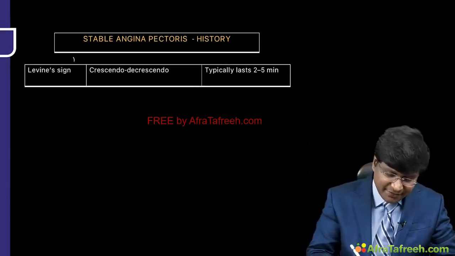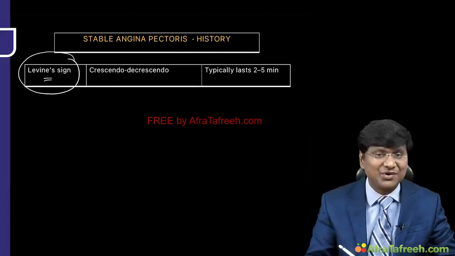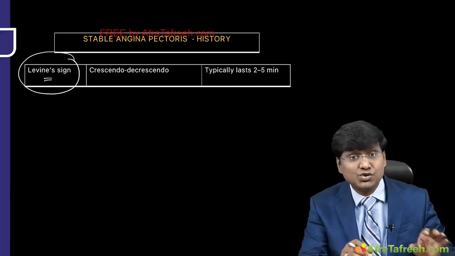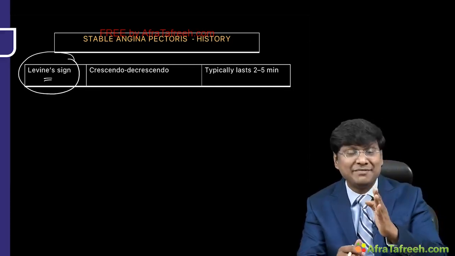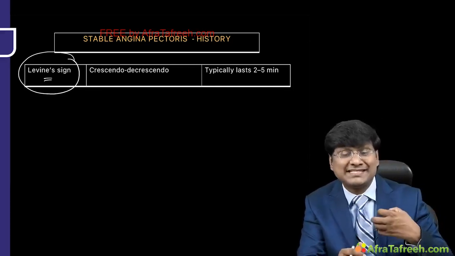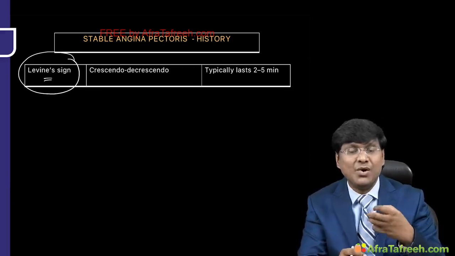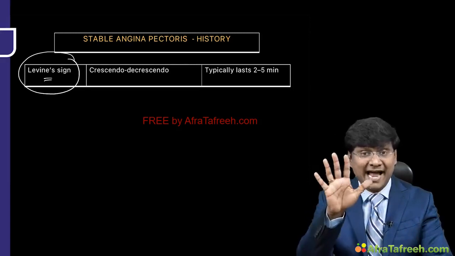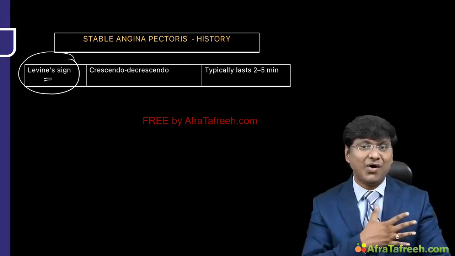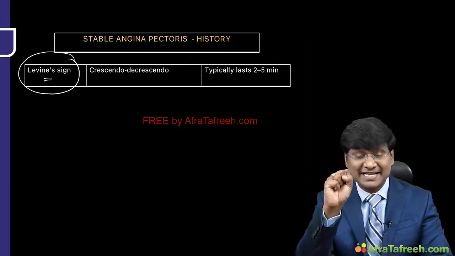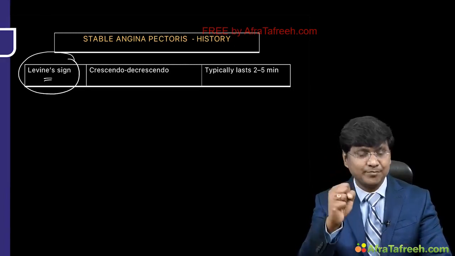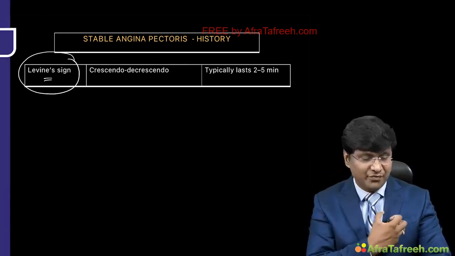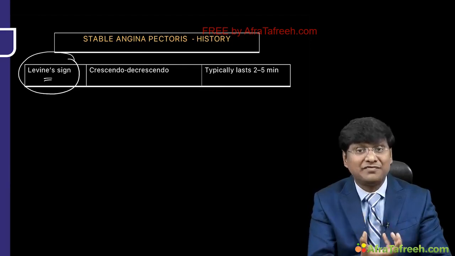And some individuals, they have this particular sign called as the Levine sign. So what is this Levine sign? If the patient is asked to localize the pain sensation, what he or she does is, they will place the hand over the sternum, or sometimes they place the clenched fist over the precordium, where exactly is the localization of the pain.